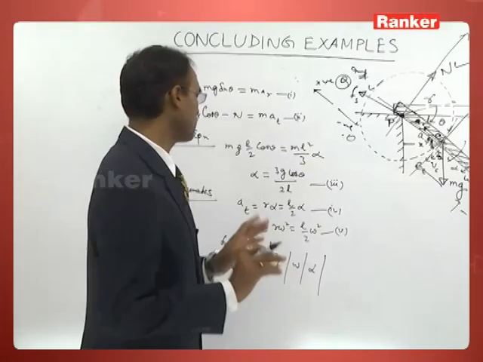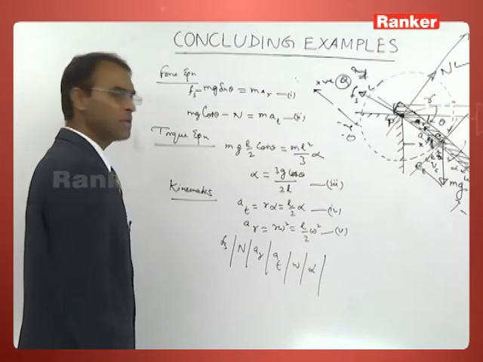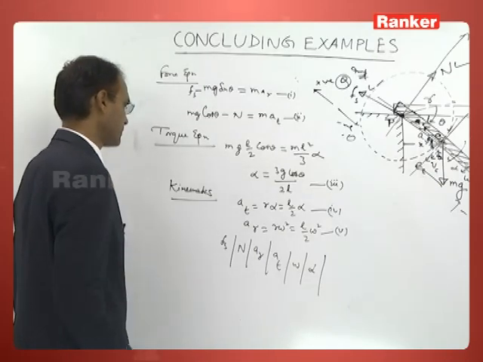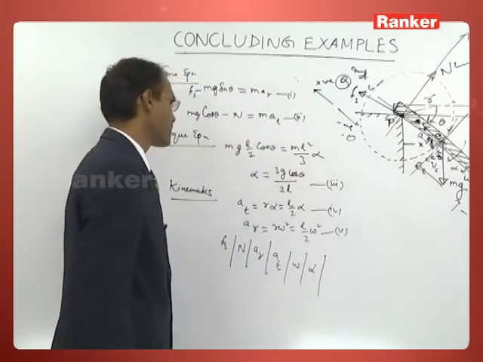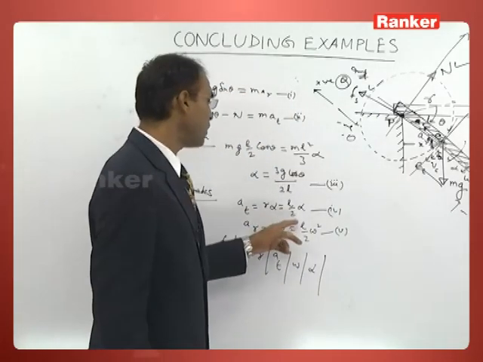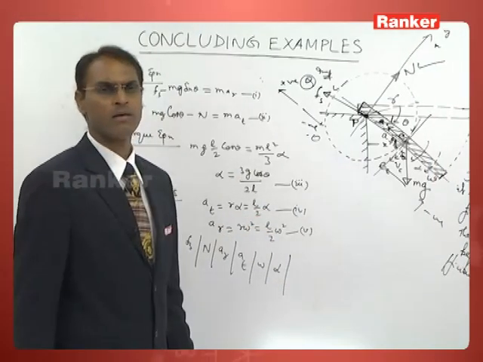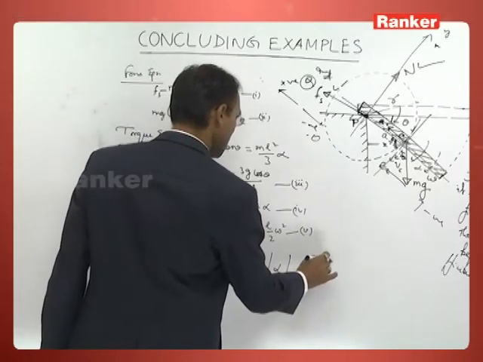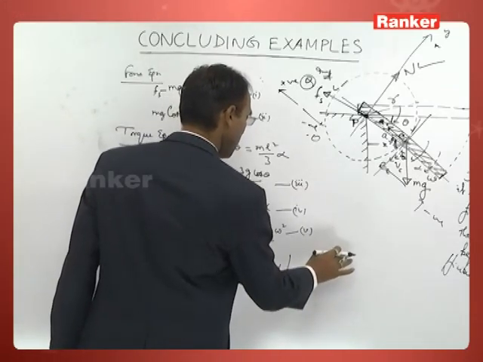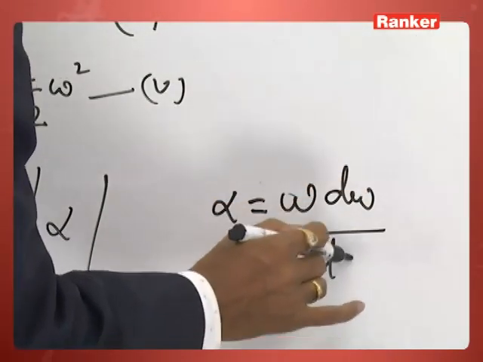We need one more equation, and that equation will be the equation which relates alpha and omega. And that equation is the kinematical equation: alpha is equal to omega d omega by d theta.